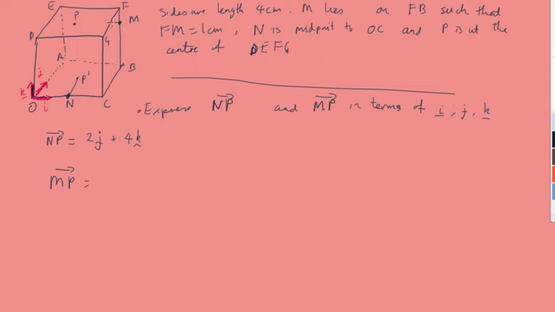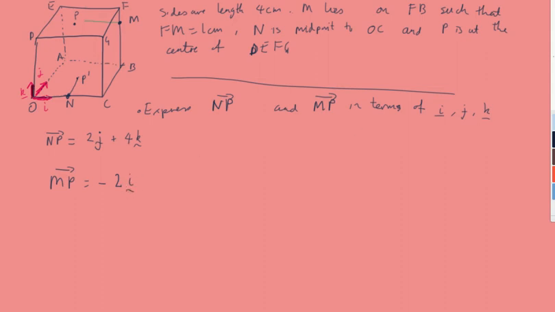So we're going to go along the back wall until we're parallel to the point that would belong there. But we're going backwards towards the origin, so it must be minus 2, because it's halfway along, minus 2I.